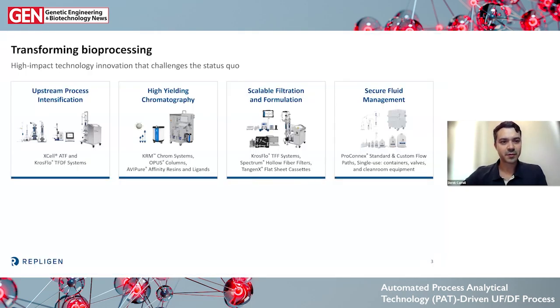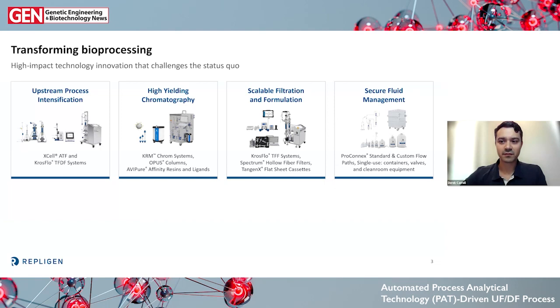So Repligen has been transforming bioprocessing with a lot of high impact technology innovations. We have our upstream process intensification with Excel ATF and our KrosFlo TFDF. We have our high yield chromatography with our Opus columns and Chrome systems, as well as our Avipure affinity resins and ligands. We have scalable filtration and formulation products with our TFF systems, hollow fiber filters, and flat sheet cassettes.